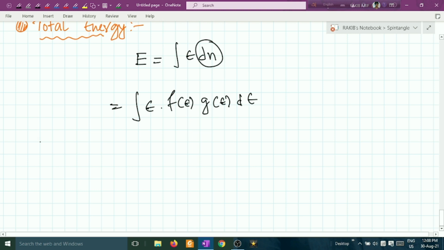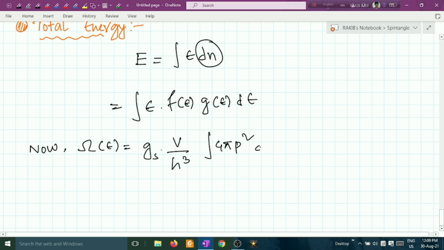Now omega epsilon is what? Gs times v upon h cube, here 4 pi p squared dp, and from this we replace this thing as I have done, 4 pi v upon h cube.